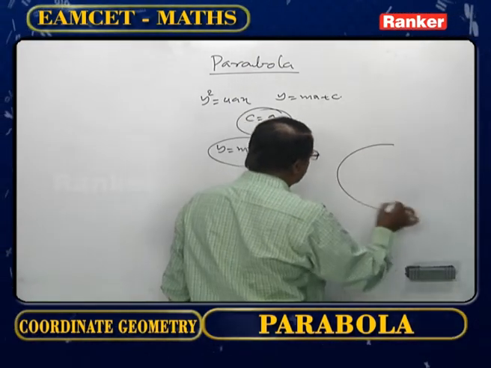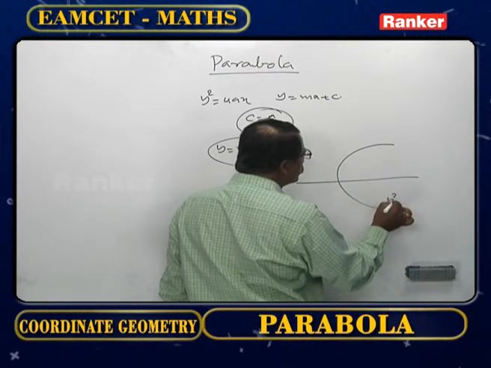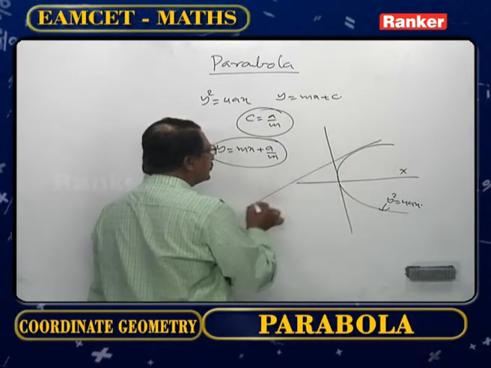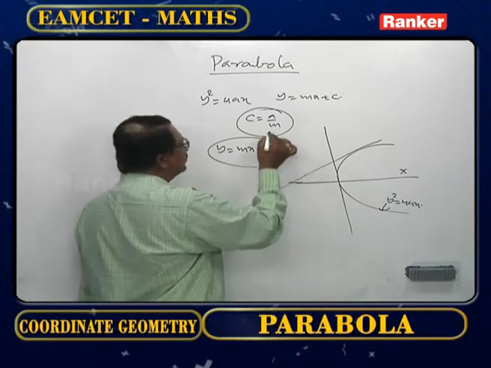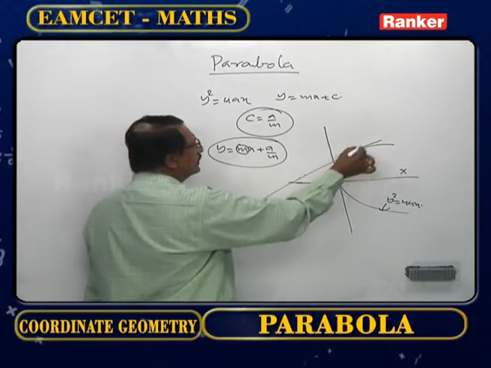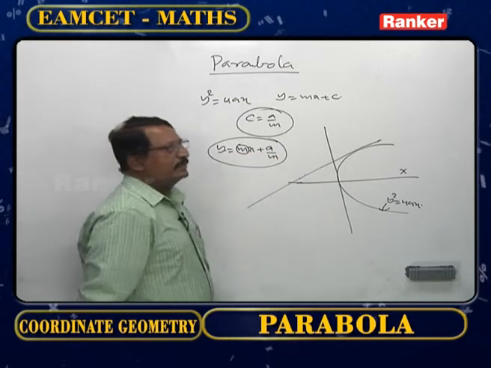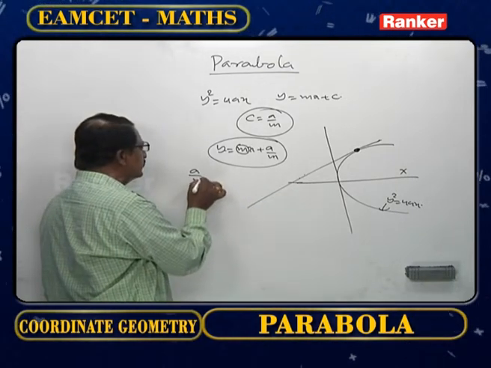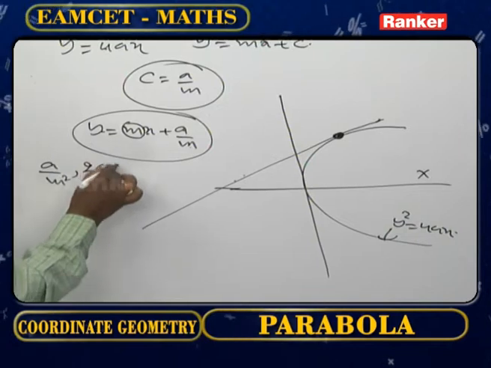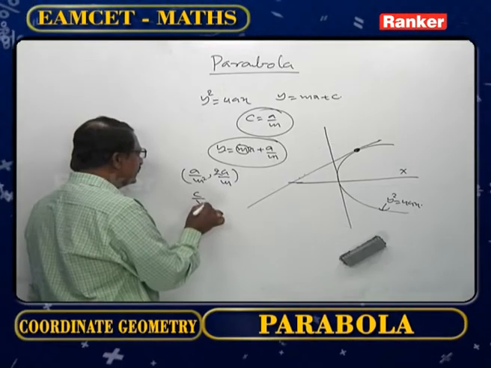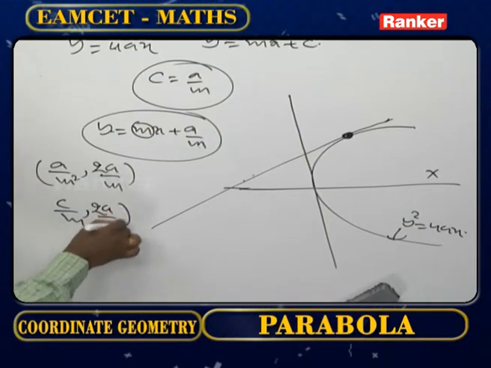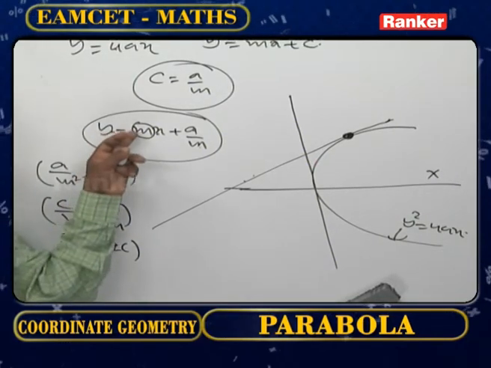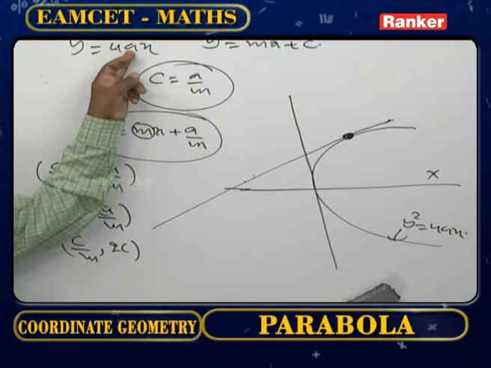If the parabola is y square equals 4ax and the slope of the tangent is m, then the equation of the tangent is y equals mx plus a by m, and the point of contact is (a by m square, 2a by m), or (c by m, 2a by m), or (c by m, 2c). Here a is 1/4 of the latus rectum.